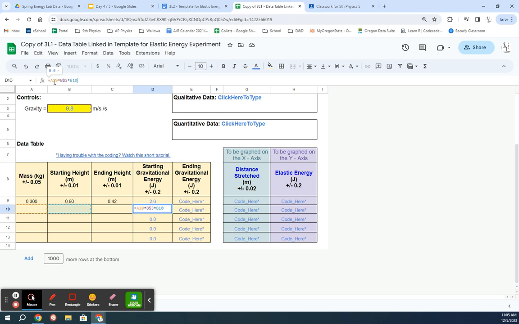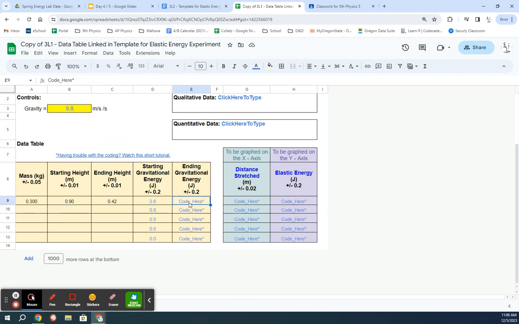So now it's collecting this value here, which we don't have anything in there yet. It's picking the same gravity value. It's still picking 3 because 3 is locked in using that $. So that's really nice for us.